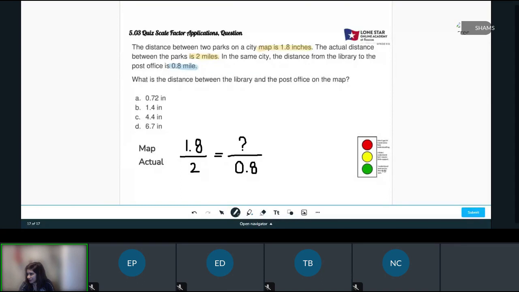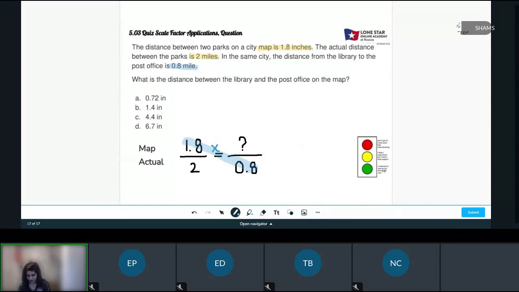Yes, Amaya, that is what I was thinking. So here, we will cross multiply the diagonal numbers, the two given numbers. We see 1.8 and 0.8 can be multiplied. Everybody multiply that. How much do you guys get? Nina says 1.44.